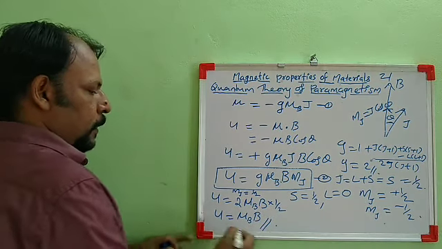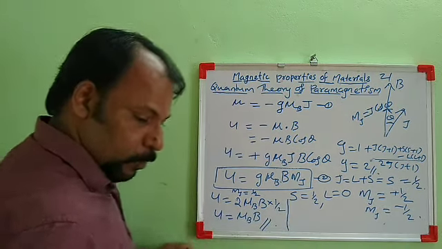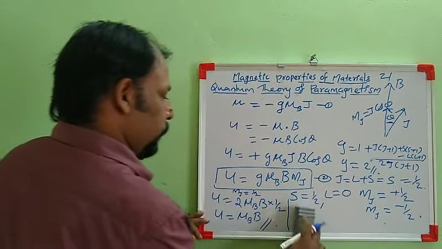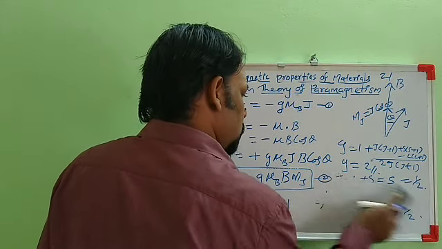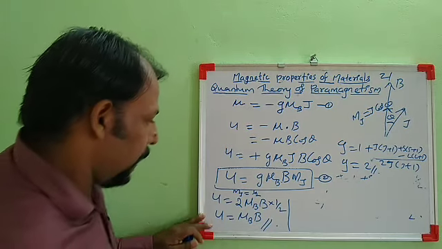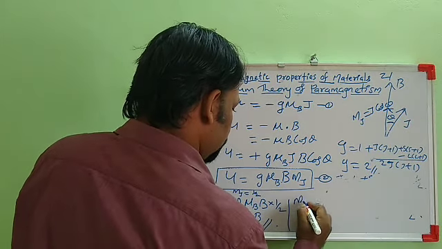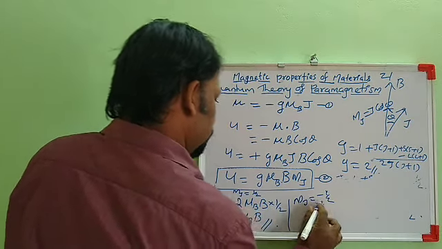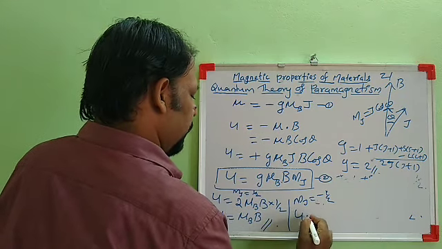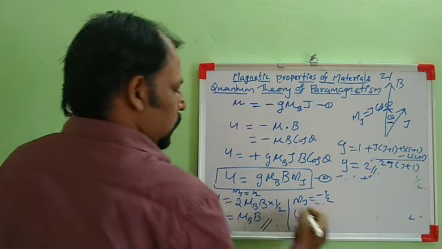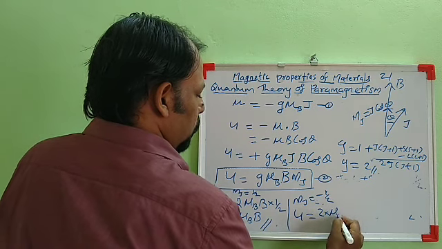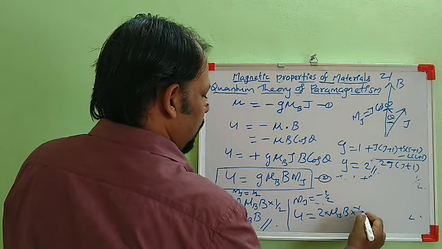Mu B B. Then for Mj equal to minus 1 by 2, G equal to 2, so we can have energy U equal to 2 into mu B, B into minus 1 by 2.